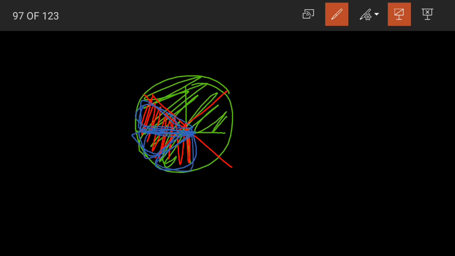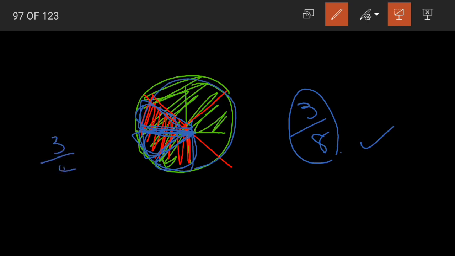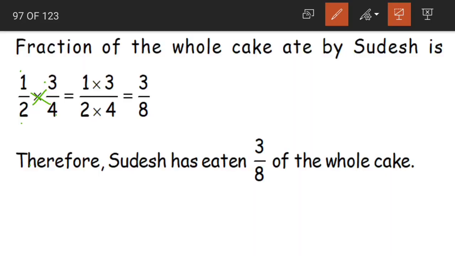So only 3 out of 8 parts. Sudesh ate 3 by 8 of the whole cake. But when we look at only 3 by 4, Sudesh ate only half of this.